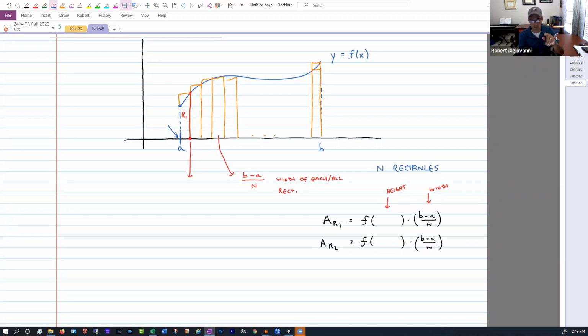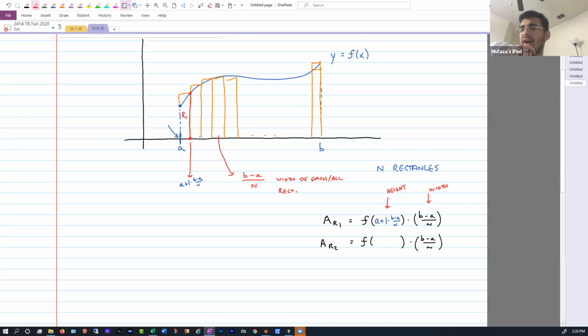So watch the way I write this. This is critical. This is going to be A plus one width, so I'm going to put 1 times b minus a over n. So it's A, and then I'm adding one rectangle width, and that'll take me to that endpoint. A plus one of the widths of the rectangle.